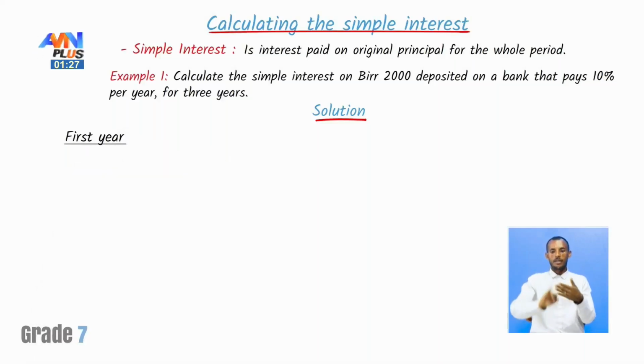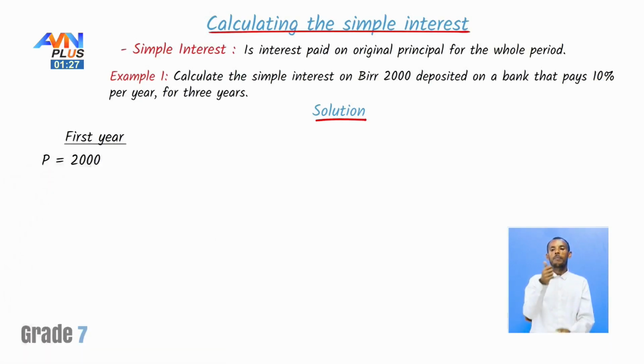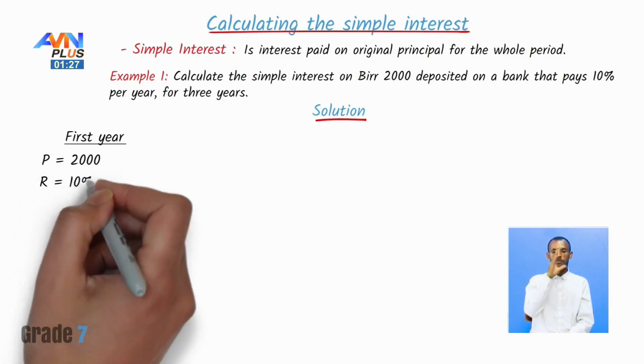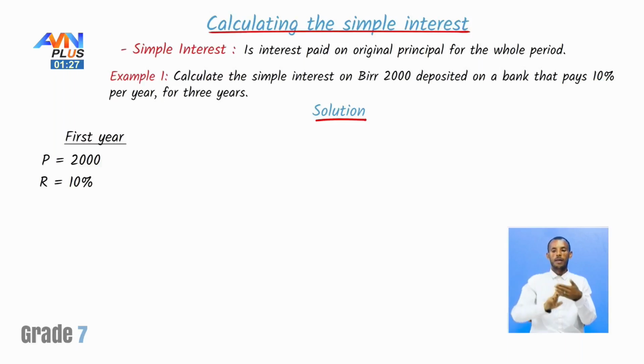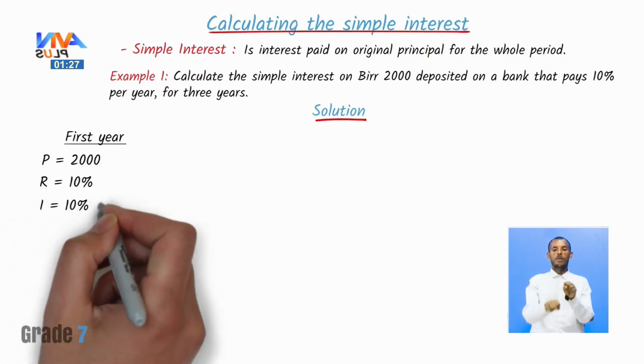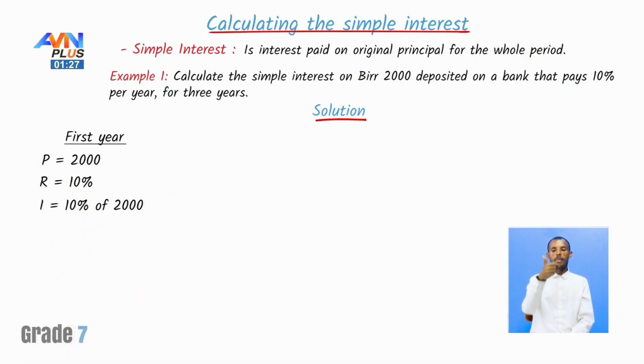First year. On the first year, the money deposited here is 2000. And the interest rate is 10%. So, the first year interest will be 10% of 2000.